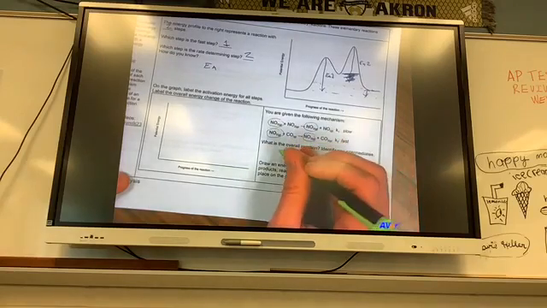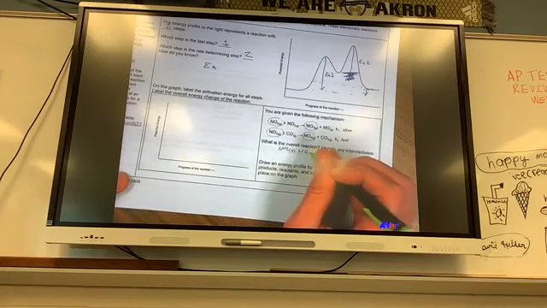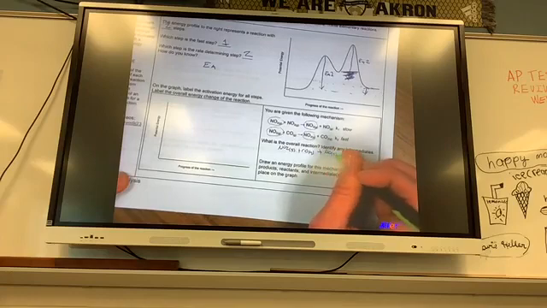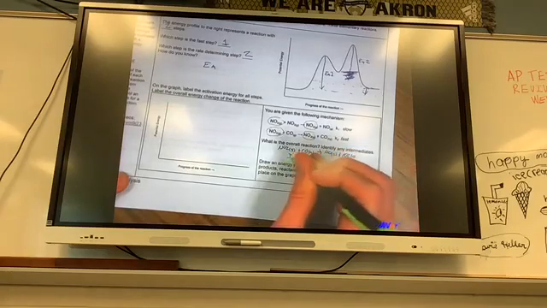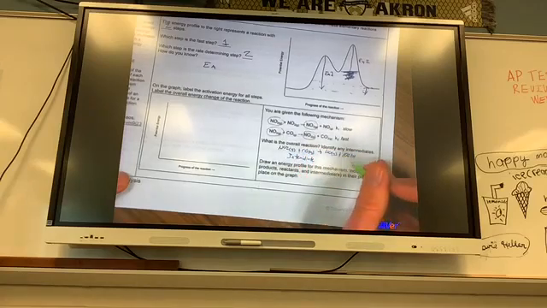So that means that NO2 gas plus CO gas yields NO gas plus CO2 gas. So my intermediate is NO3.